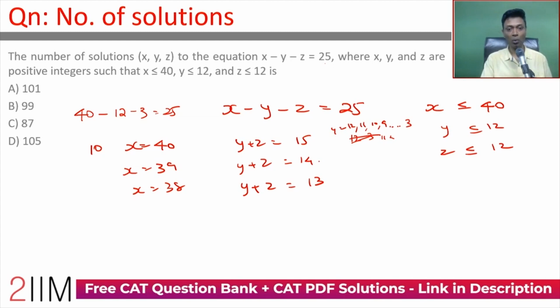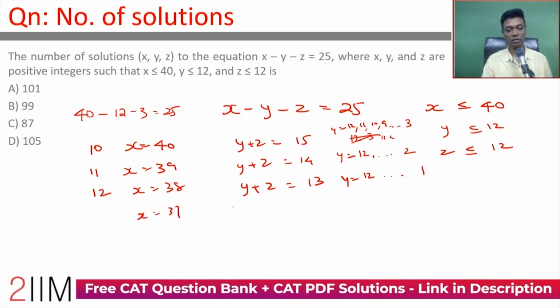Y can go up to 12 and z can go up to 12. So y can take all values from 3 to 12. Here again, y can go to a maximum of 12 and range all the way till 2. 12 to 2, there are 11 values. Y plus z equals 13, y can go from 12 to 1, there are 12 values.